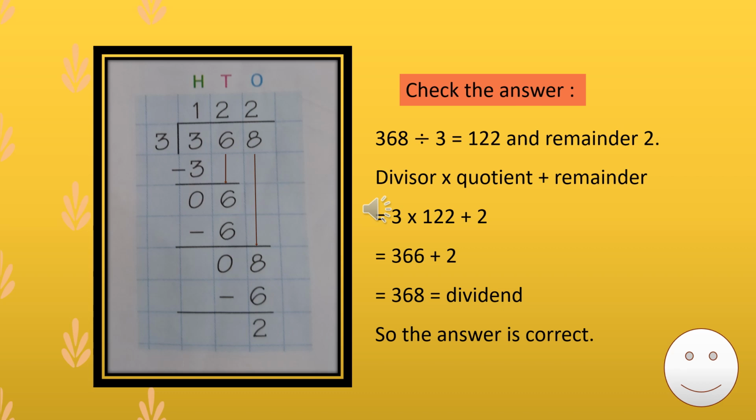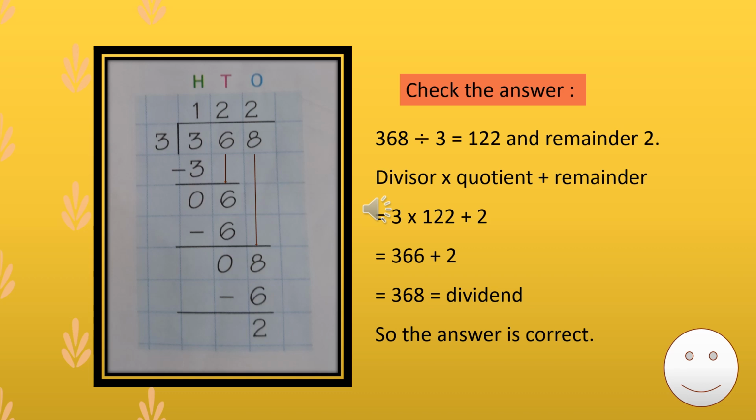Now we will put the values in the formula. Divisor into quotient plus remainder. Here divisor is 3, quotient is 122 and remainder is 2. So 3 into 122 plus 2. When we multiply 3 by 122, we will get the answer 366.